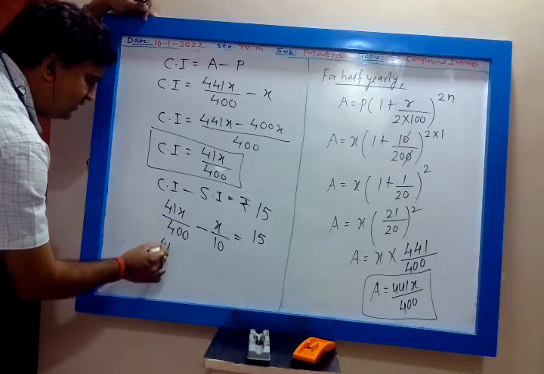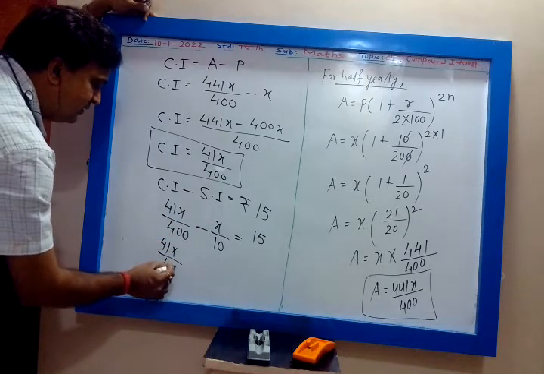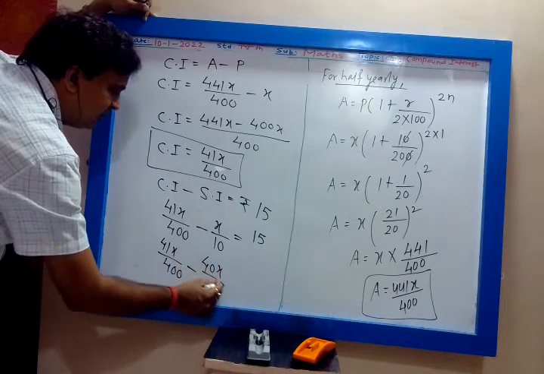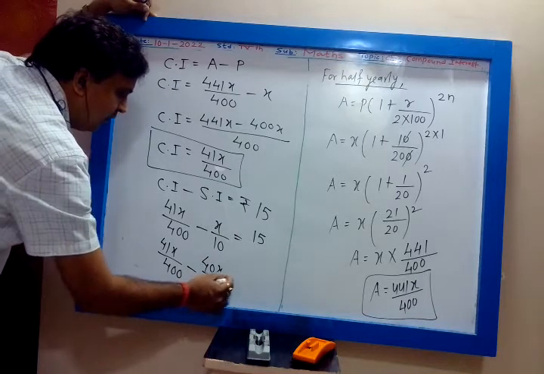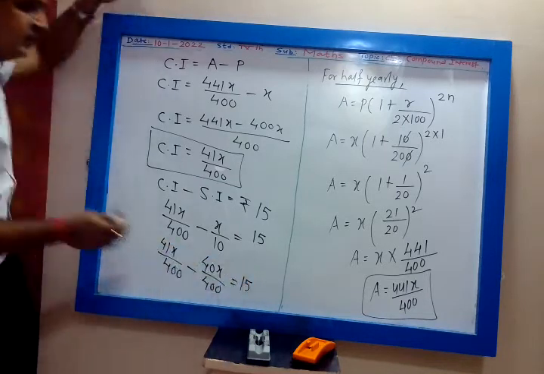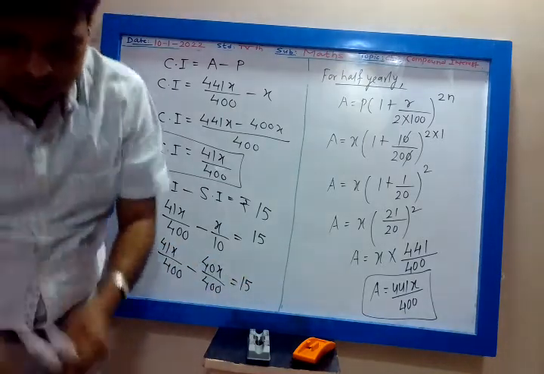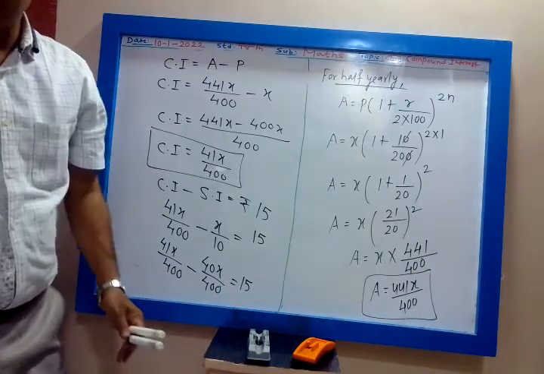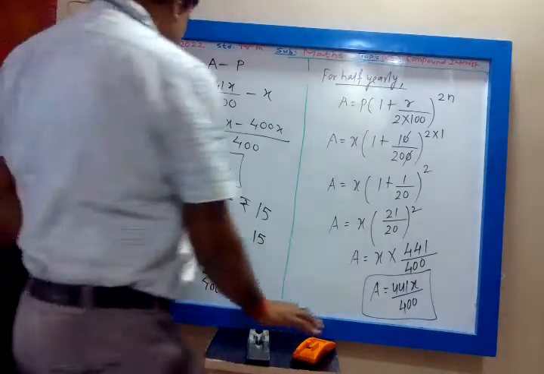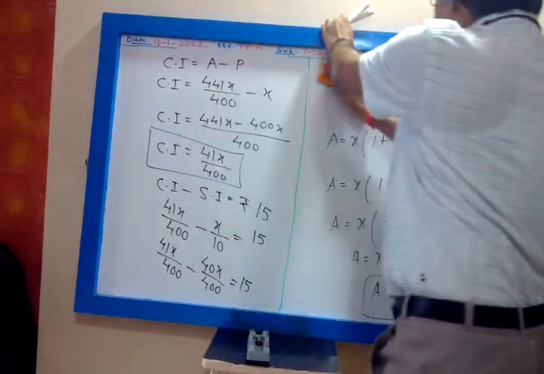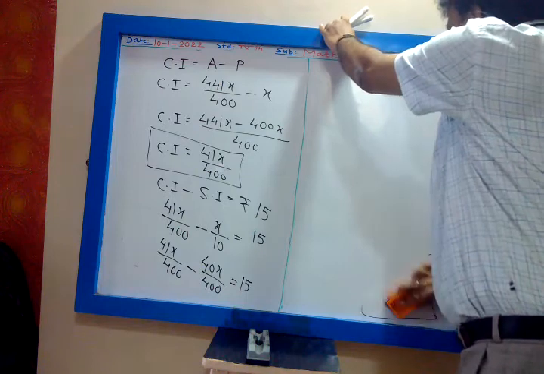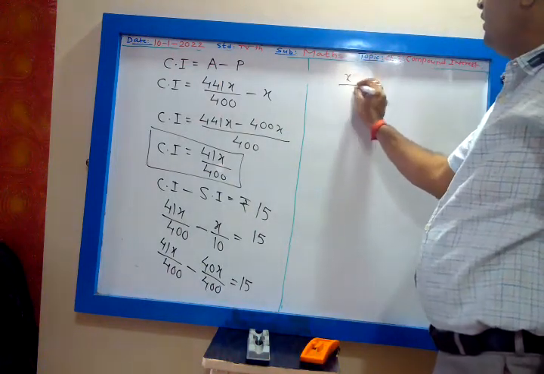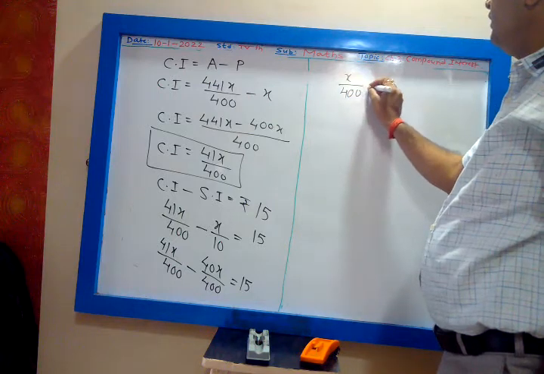So 41x minus 40x upon 400, which is X upon 400, is equal to 15.